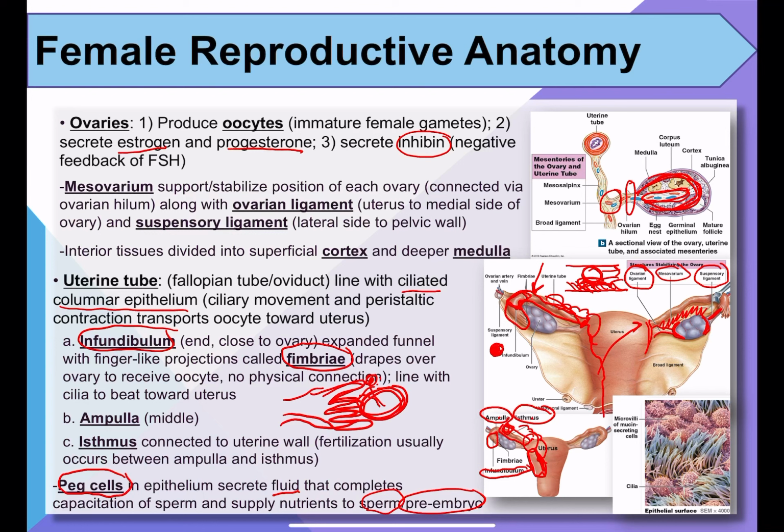And remember, there's that big opening between fimbriae and ovaries, which means sperm can also travel out into the abdominal area, reach that oocyte, and still fertilize that egg. And hence, you will start to have an embryo forming within the abdominal area. And that's one type of ectopic pregnancy.